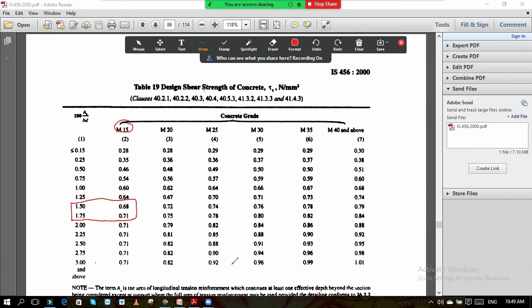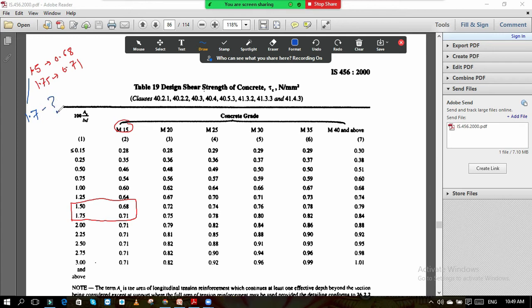Okay. So for 1.5, what is the value? It is 0.68, the value of tau c. And for 1.75, the value is 0.71, and you want it for 1.7.